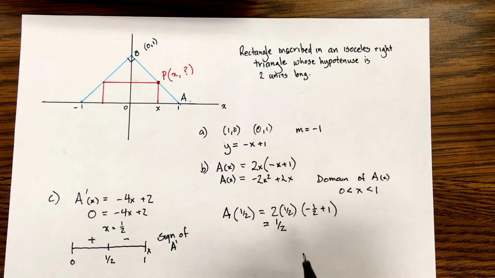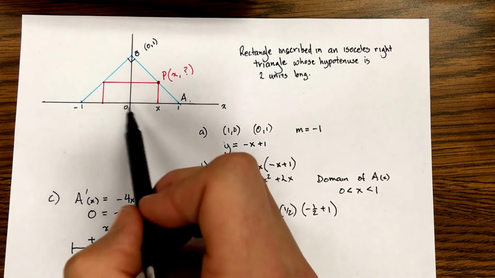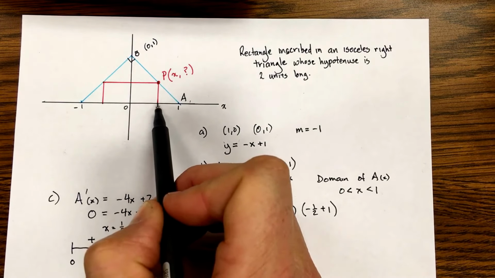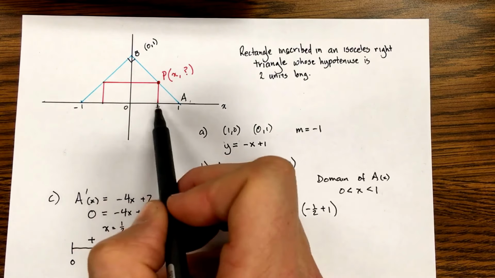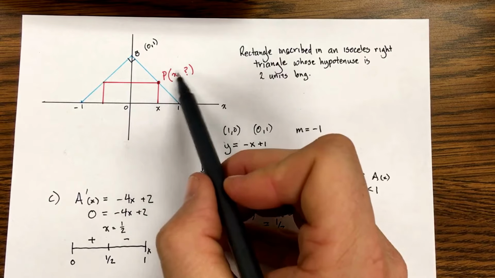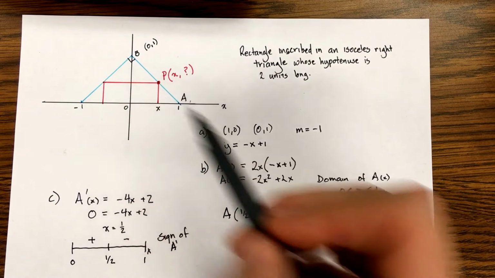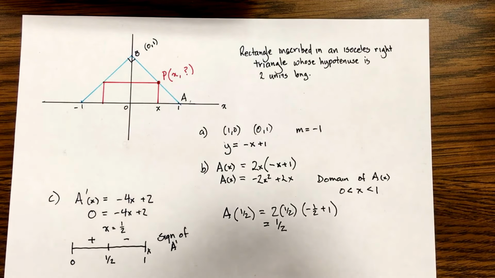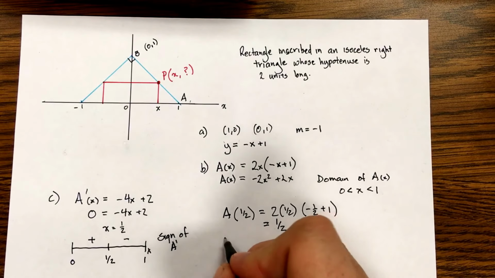Does that make sense back here? x was 1/2, so that's 1/2 this direction and 1/2 that direction, giving a width of 1 unit. We already figured out this y value is 1/2, so 1/2 times 1 is an area of 1/2. Cool. And I guess we just figured out the dimensions.